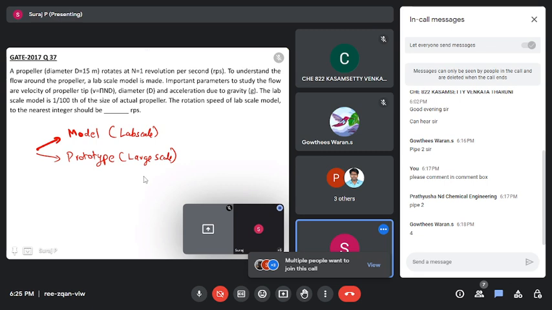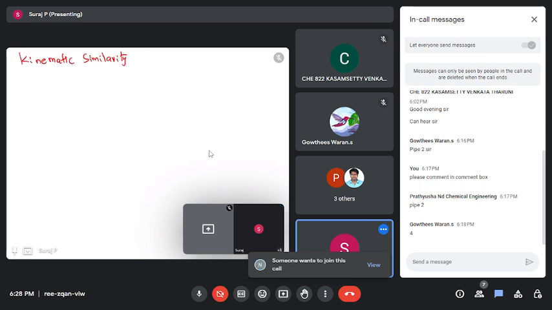Next we need to see what is kinematic similarity. Kinematic similarity is applicable only for a geometrically similar system. In the previous slide we came to know what a geometrically similar system is, whose ratio of the dimensions of two sides is the same.